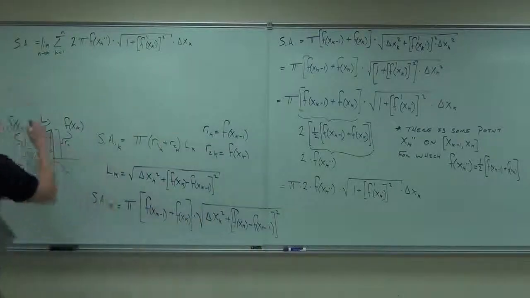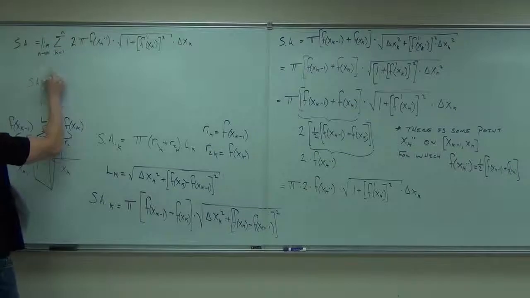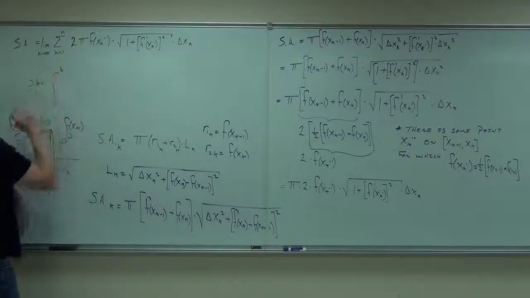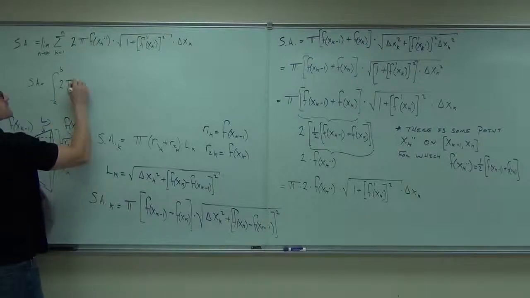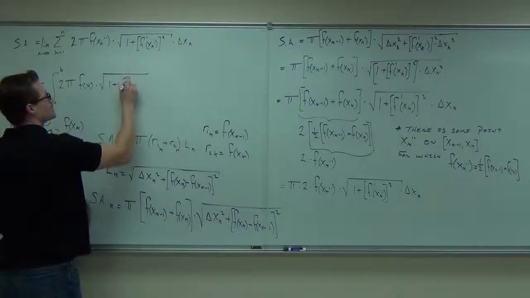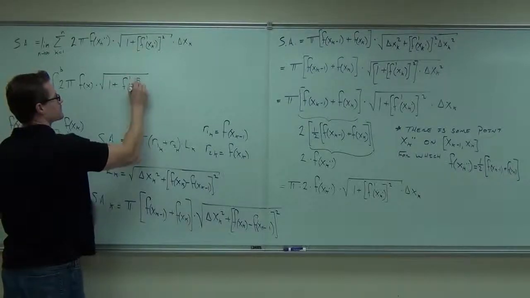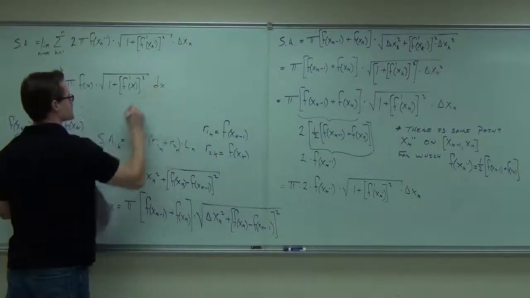We say that the surface area equals, this becomes an integral from where you start to where you stop. 2 pi constant, f of x, times square root 1 plus f prime of x squared dx.